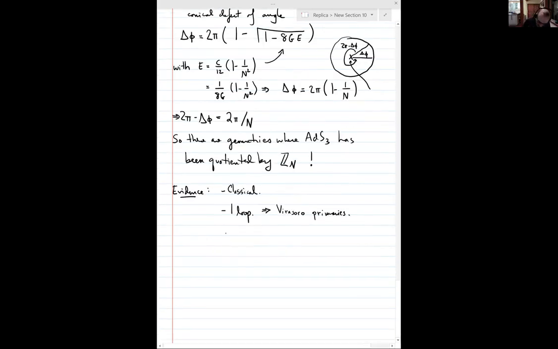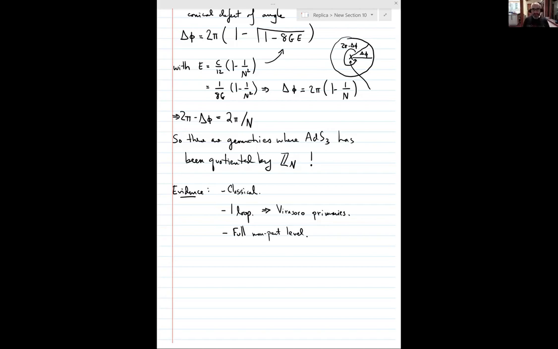And finally, there is some evidence that this makes sense at the level of the full non-perturbative partition function. I don't want to make too much of this, but I just want to emphasize that there's a rather remarkable feature of these orbifolds that occurs when you add them into the partition function.